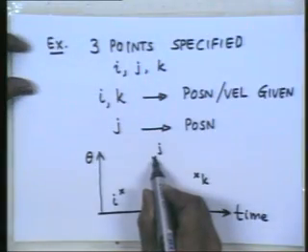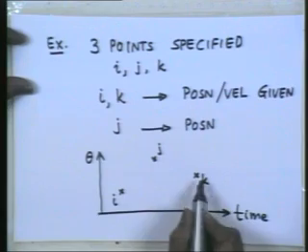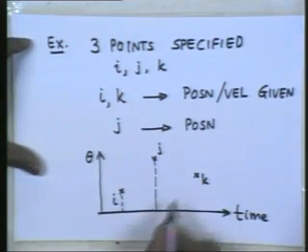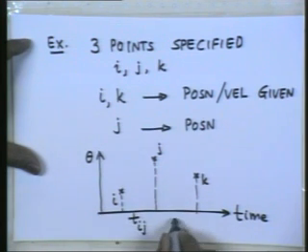One easy way to visualize extending the idea of the cubic segment that we just now talked about is to say that I will fit one cubic polynomial between I and J and another cubic polynomial between J and K. Okay, so let us say that the durations of the motion are also specified. Let this be Tij and let this be Tjk.